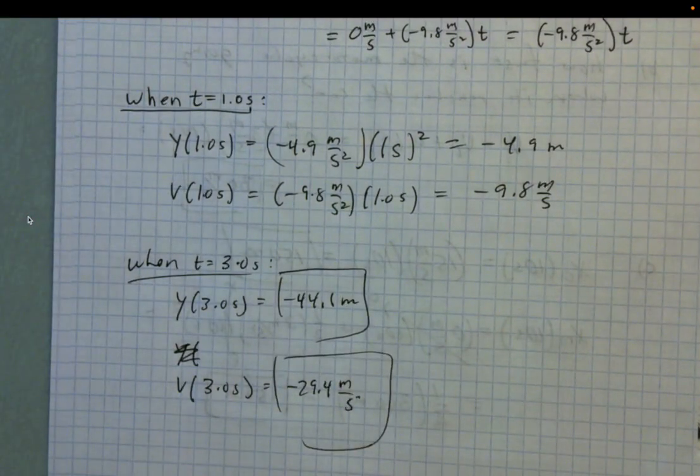Now, a question that I would have for you is, if we were given the height of the tower, we could ask how long until the coin hits the ground.